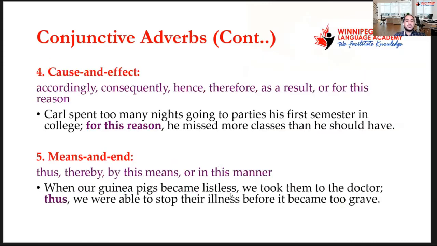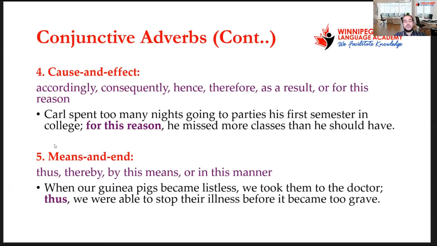Moving to cause and effect, you could use words like accordingly, consequently, hence, therefore, as a result, or for this reason. Carl spent too many nights going to parties this first semester in college. For this reason, he missed more classes than he should have. So we use a semicolon before it and a comma after it.